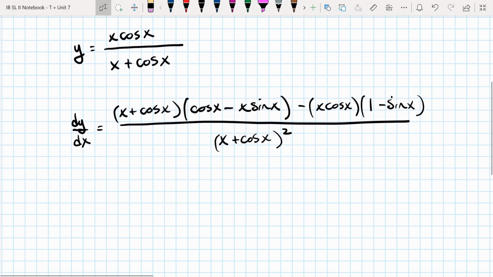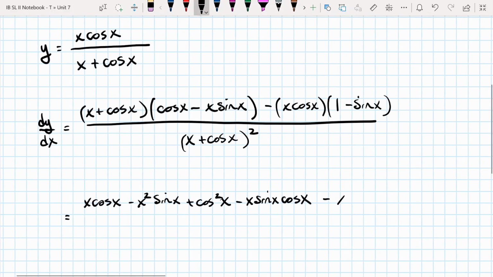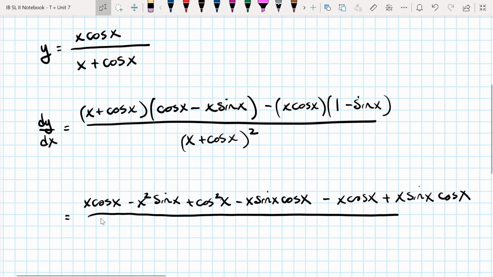Looks like we're going to have to FOIL this, which is going to get a little annoying, but we have x cosine of x minus x squared sine of x plus cosine squared of x minus x sine of x cosine of x. So those are the first two terms multiplied together. Minus x cosine of x plus x sine of x cosine of x all over the denominator, which will just keep the same.